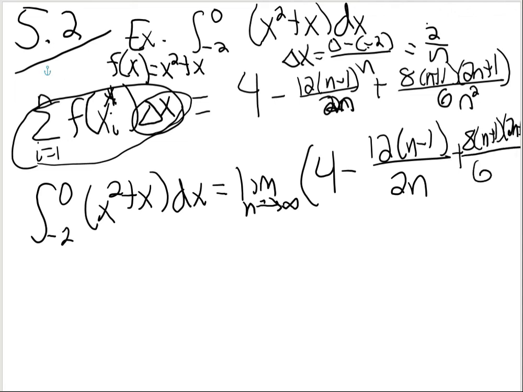It's being a little cut off right now, but to take that limit, well, the first term is just going to be 4, and then the other terms, you could use L'Hopital's rule.